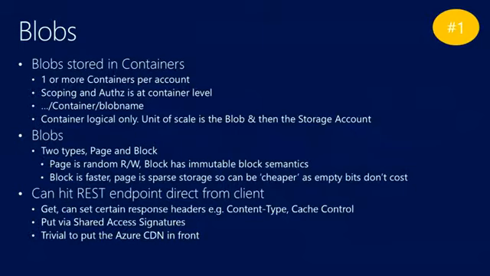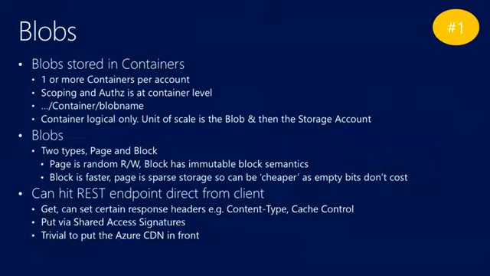Each blob will do up to 60 megabytes of traffic outbound on a per blob basis. If you find that you're going to exceed that, you're going to need to duplicate that blob and scale out over either multiple blobs or potentially multiple storage accounts.